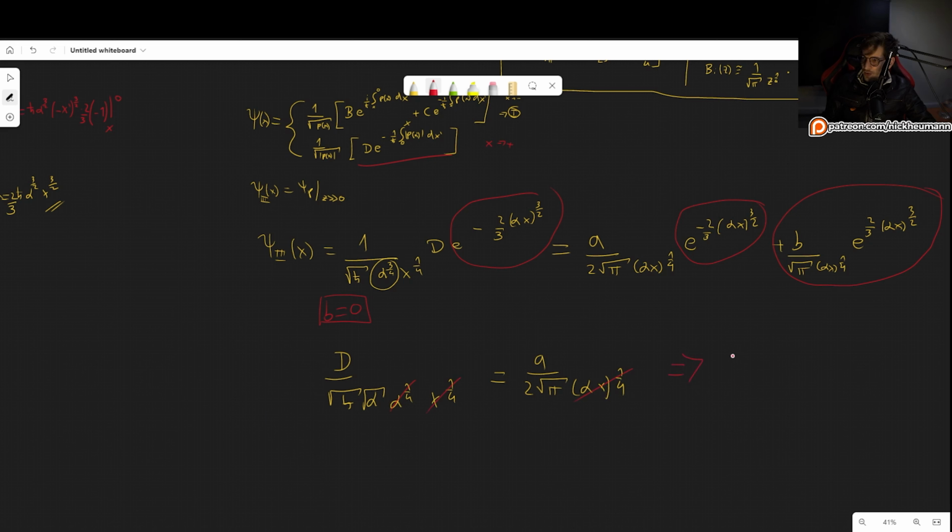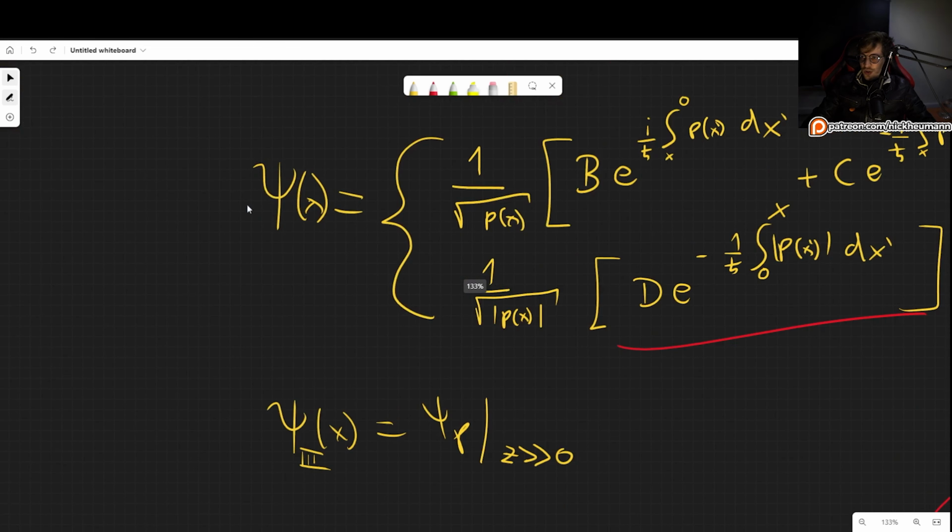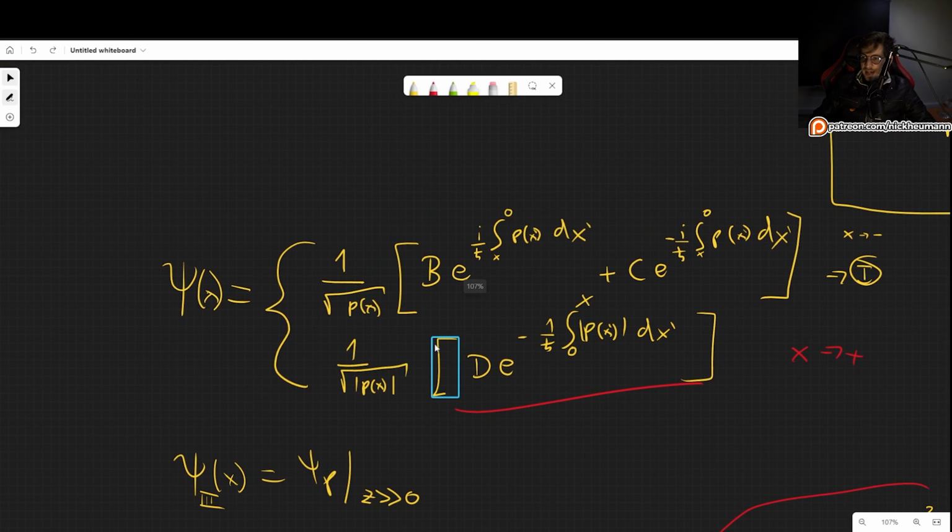So we find our first condition, which will be, now we can either choose to find A or D. But notice that what is our goal? Our goal is to connect these two parts of the wave function. We want to connect them by finding B, C, D. We can find one through normalization, but we can't find them all like that.